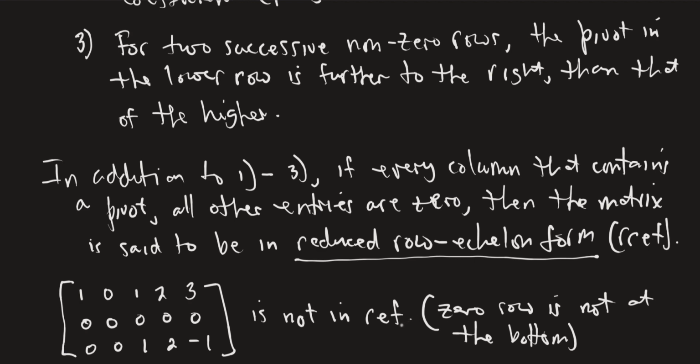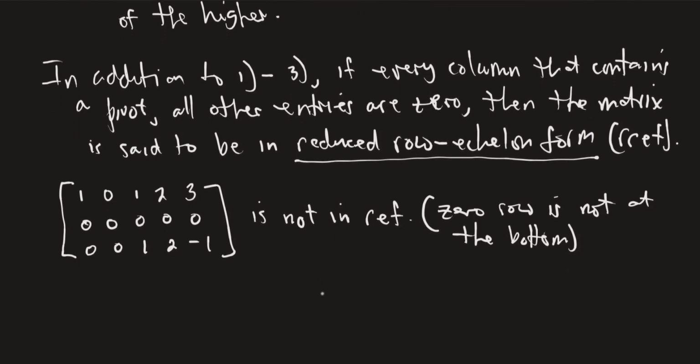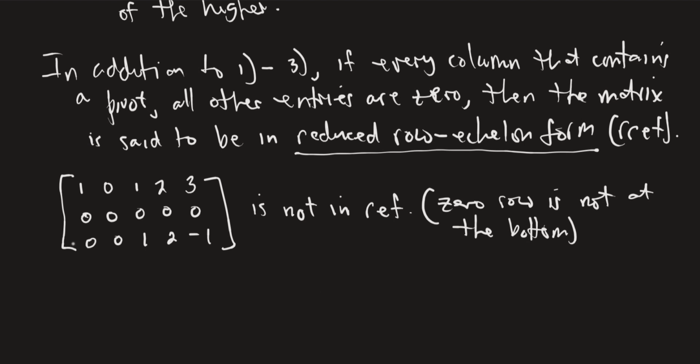What we would have to do is a row swap: let's say we swapped rows 2 and 3, and that would put the 0 row at the bottom like this.